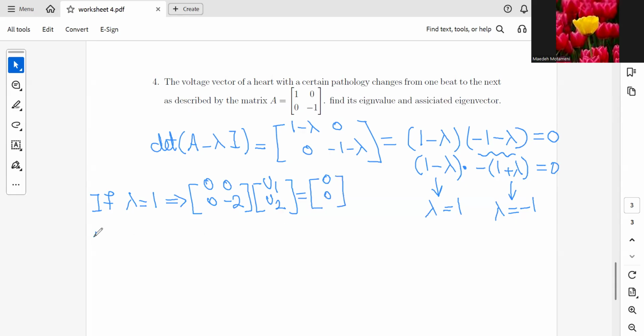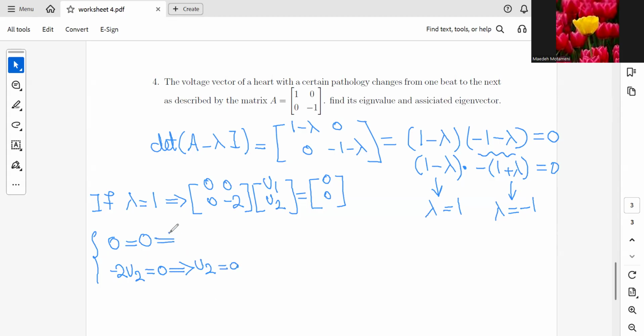So multiplying them together, we would have 0 equals 0 for the first one, and negative 2 v sub 2 equals 0 for the second one. So it means that v sub 2 is 0. But what about v sub 1?